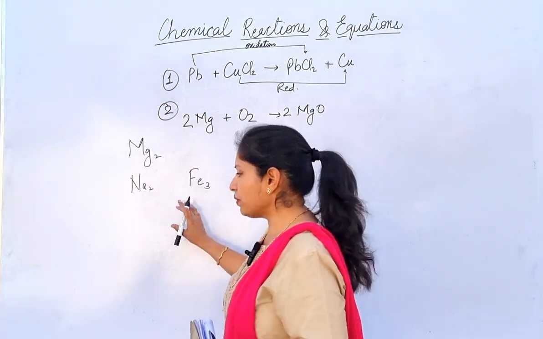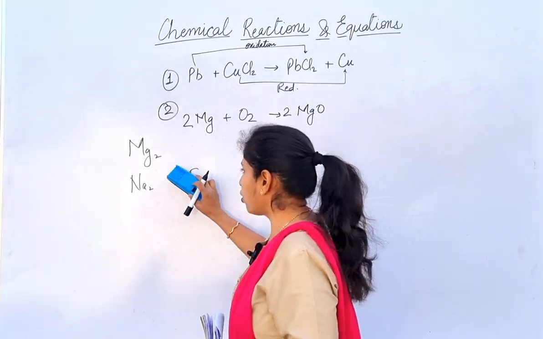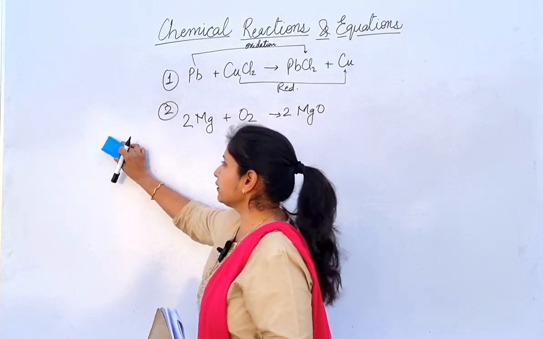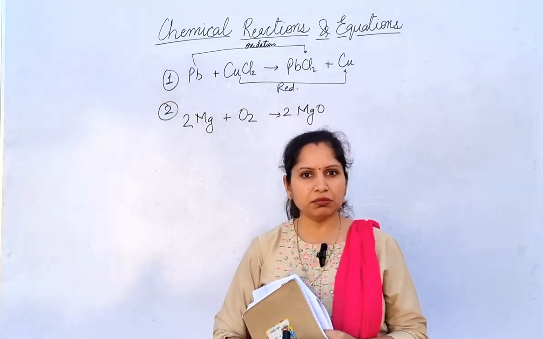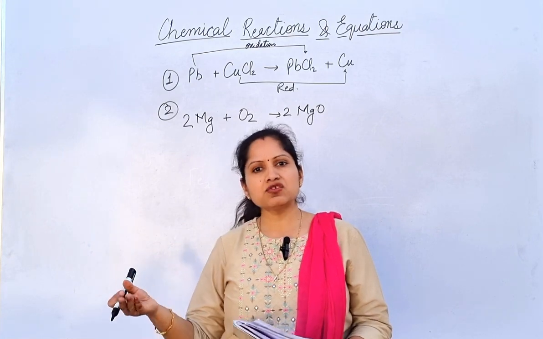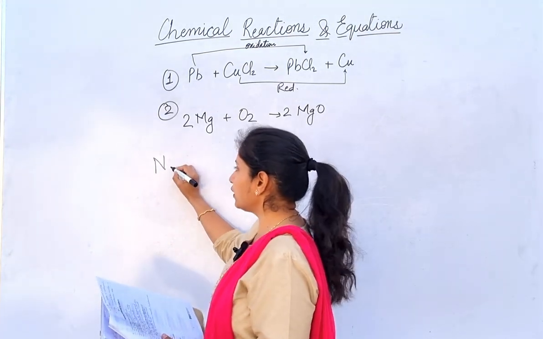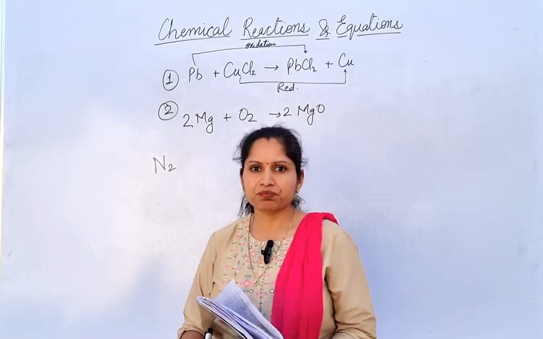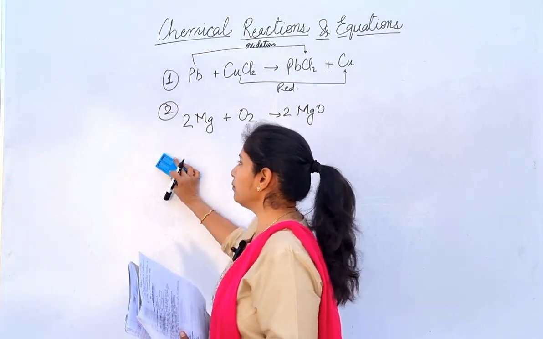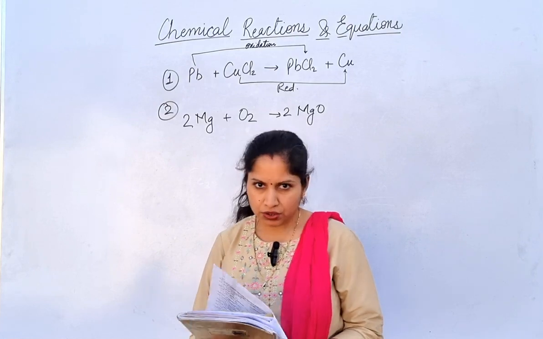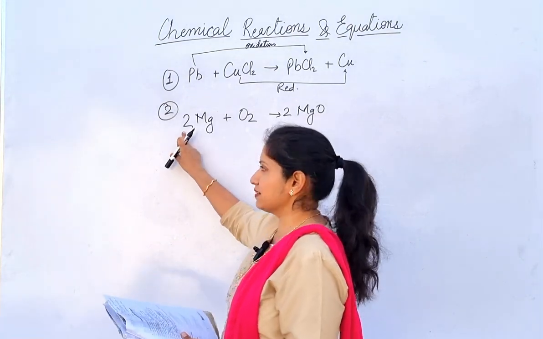Okay, why is it so for metals? Because metals do not form bonds with other metals. मेटल दूसरे मेटल के साथ में रिएक्ट करके बॉन्ड नहीं बनाता, whereas non-metals form bonds with other non-metals. For example, nitrogen combines with another nitrogen atom to form N2, but magnesium is not going to form any bond with another magnesium atom. Okay, so we write two magnesium atoms like this only. Fine.